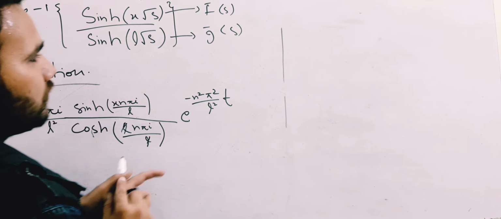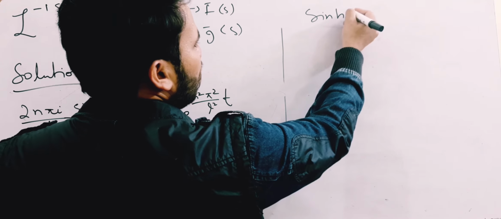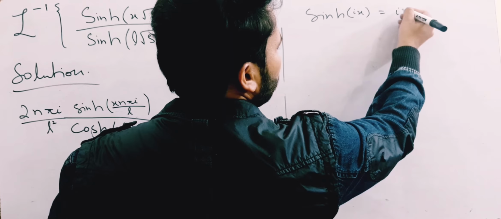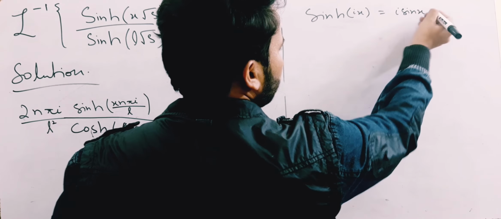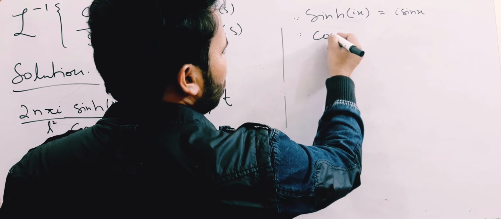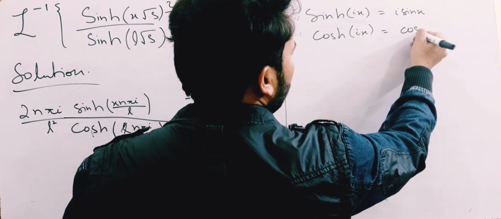From basic calculus we know that sine hyperbolic of iota x equals iota sine x and cosine hyperbolic of iota x equals cosine x.